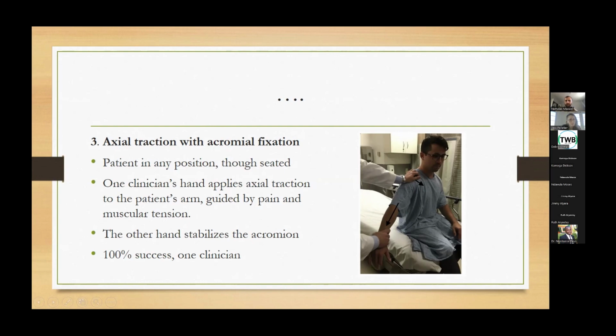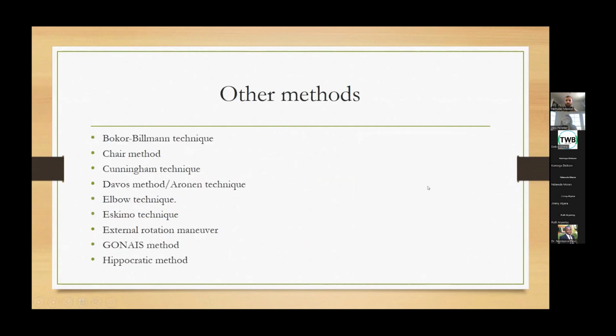And then you're just basically using your less dominant hand to stabilize the acromion and pushing the humerus into position. So this actually is reported to have 100% success rate. So it's quite effective, and you need only 2 movements to move the dislocated humerus.